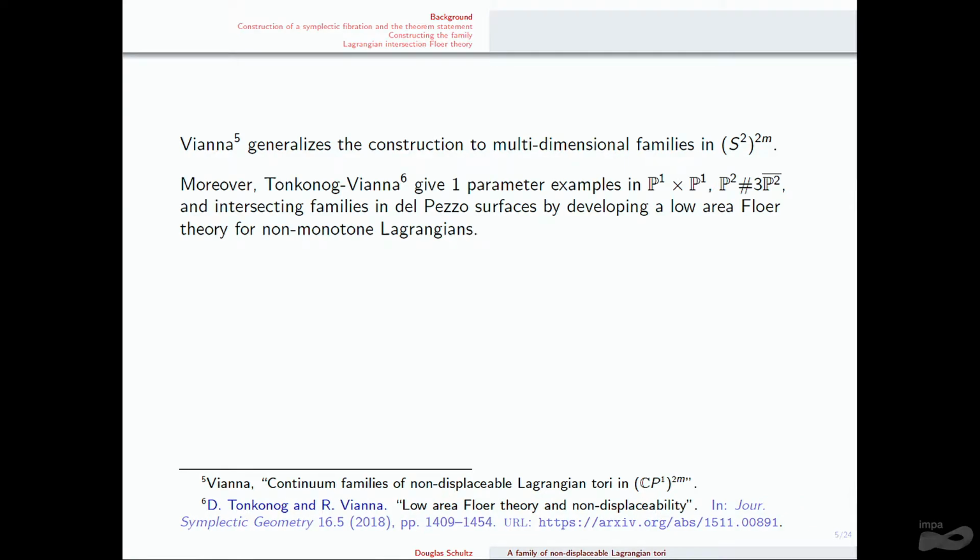Moreover, Tonkonog and Vianna give one-parameter families in these, and also intersecting families in del Pezzo surfaces, where one torus from one family intersects all of the tori in the other family, but within each family they're not Hamiltonian isotopic. Did I interpret that result correctly? Oh, I guess he's not here.